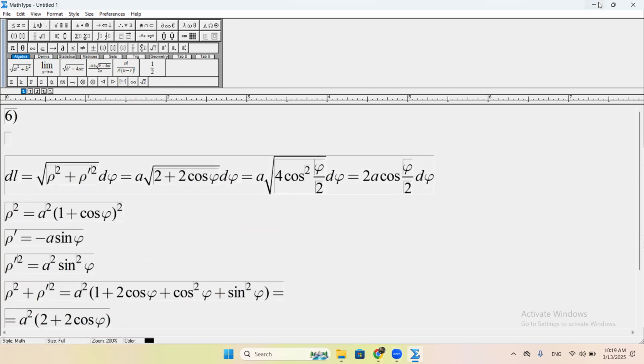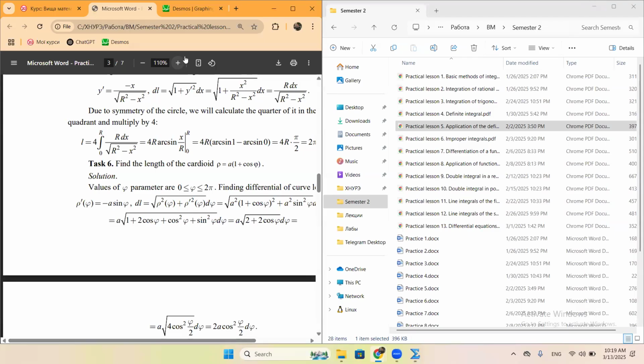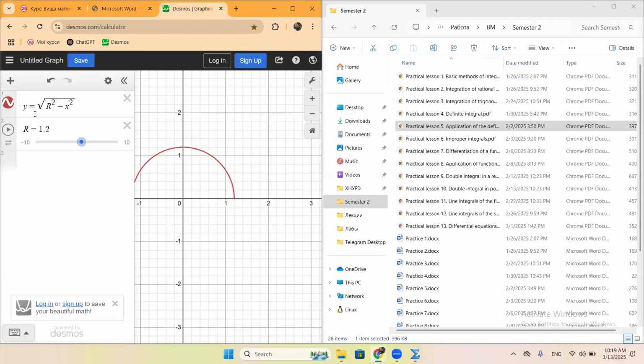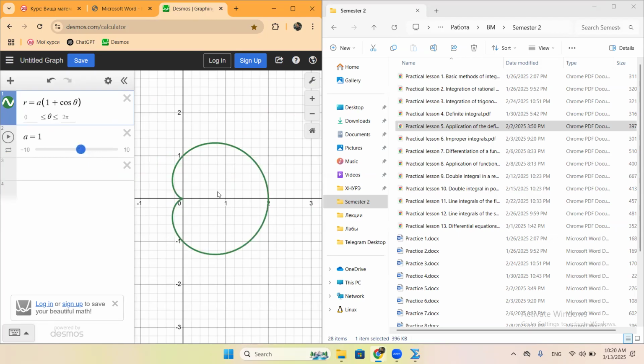Yeah, and by the way, how does the cardioid look like? So the cardioid is the following. It is symmetric to the axis of x, so we can calculate the integral from 0 to pi.